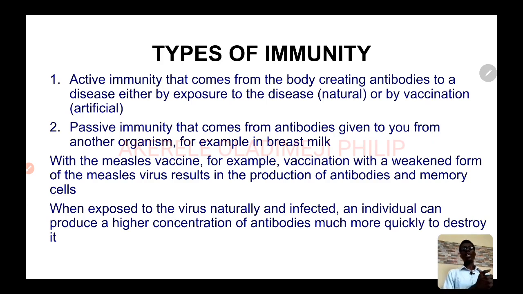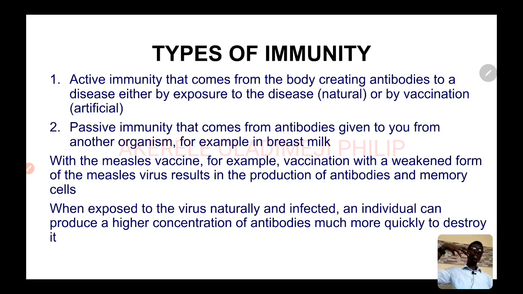Then the other one is passive immunity, which means that you get antibodies from another organism. In this case, the best one is from breast milk, which a child gets. So that's why it's always important that a child gets enough breast milk from the mother. It's very important because that's the only way the child builds immunity from childhood.